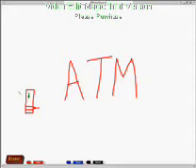ATM, asynchronous transfer mode, is very popular because it is less complicated than other technologies. Like we have HDLC, one encapsulation method at the data link layer, where we are adding some CRC and some header bytes, and it is a little bit complicated.